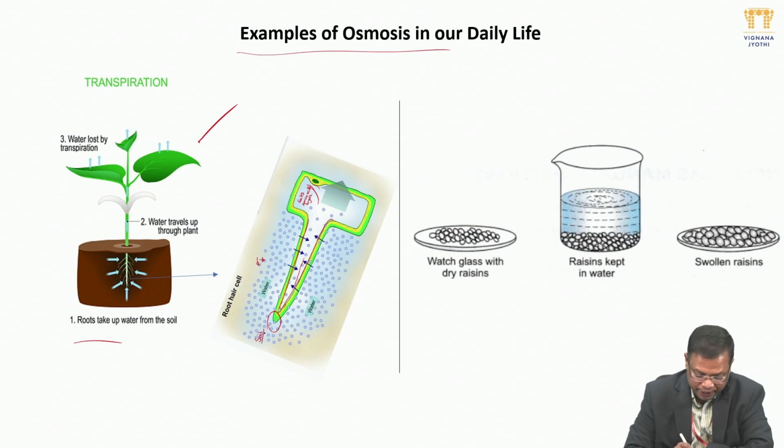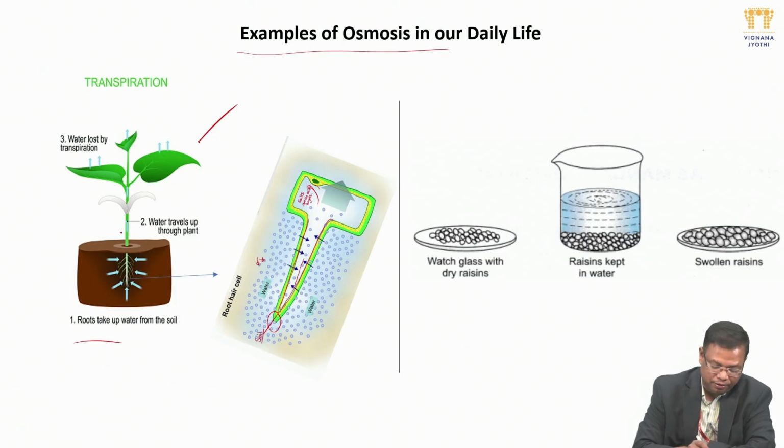Because of the suction force, the movement of the water upward is enhanced. So the water flows upwards against gravity with the reinforcement of the suction force, and finally it goes to the stems and then the leaves.